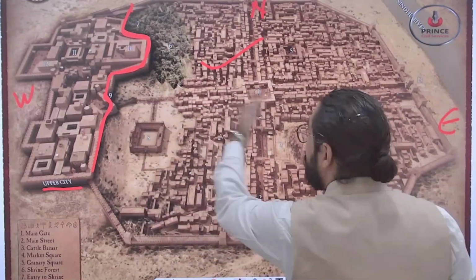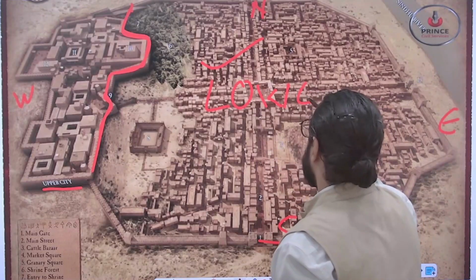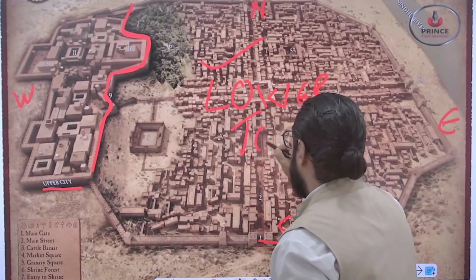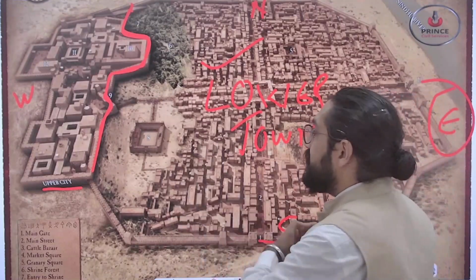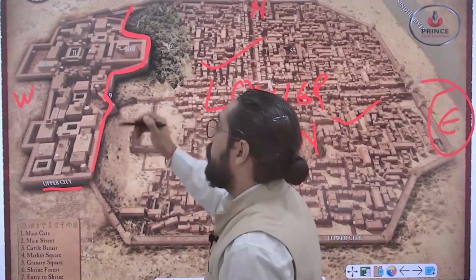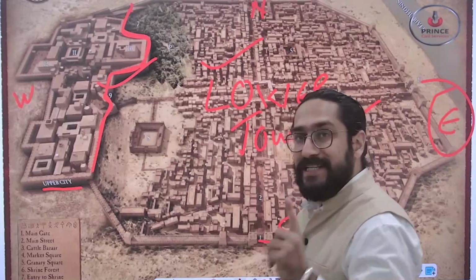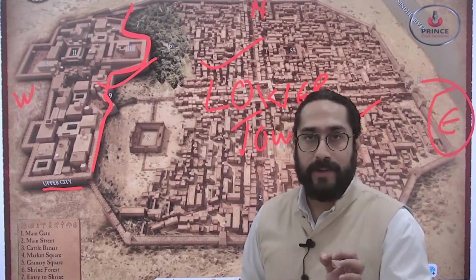And opposite to this, you have got the Lower Town. So the direction is east. On the east, we have got Lower Town, and on the west, we have your Citadel. So this is the number one difference between Citadel and your Lower Town.